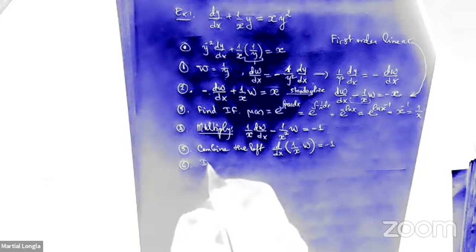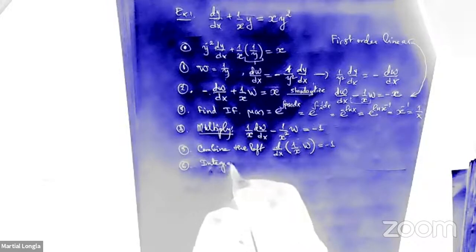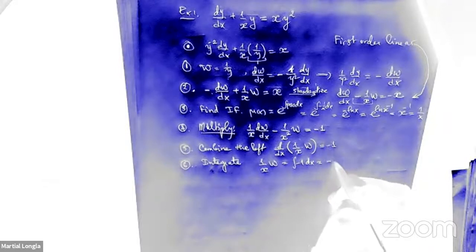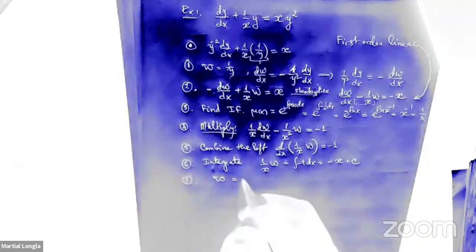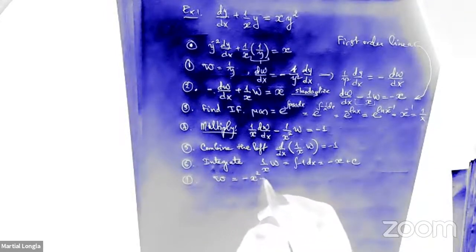And the next step is integrate. When you integrate the derivative, you get 1 over x w equals the integral of negative 1 dx, which is minus x plus a constant. And then you multiply here to get w equals minus x squared plus cx.